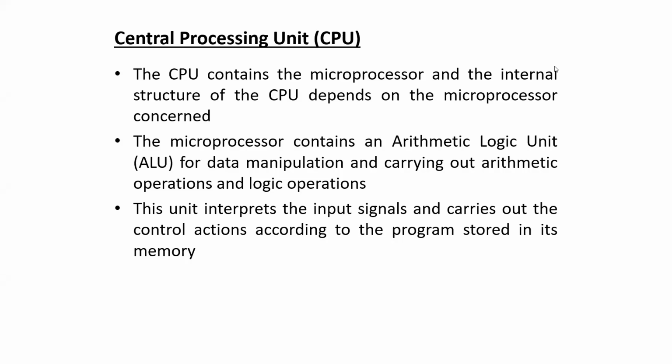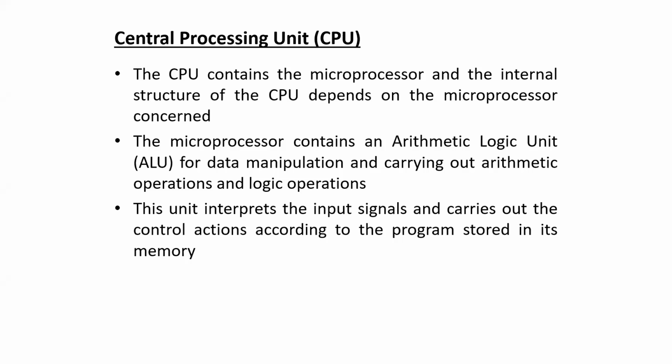Okay, so in the last class we were discussing the internal architecture of the PLC. Now a little bit more about the different units inside the PLC. First of all, the central processing unit, as was mentioned in the last class, the CPU contains the microprocessor, and all the controlling process or controlling signals are carried out by the microprocessor.